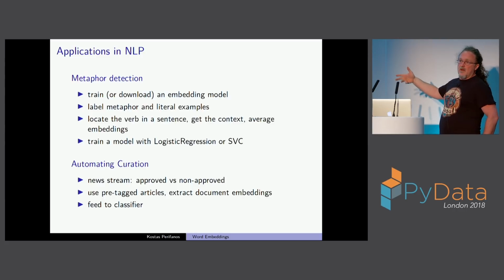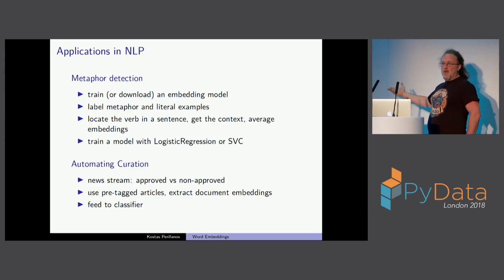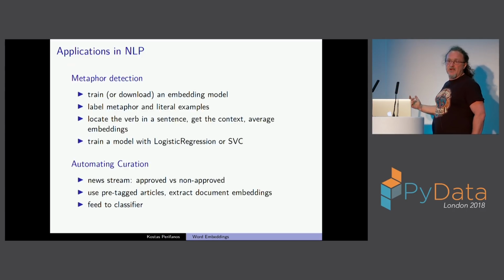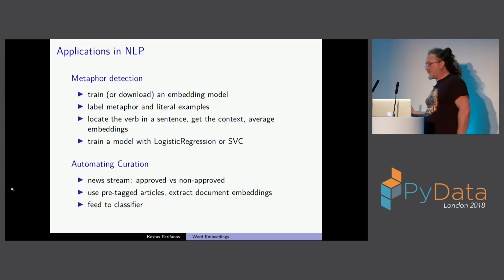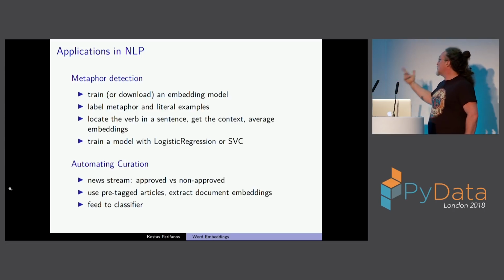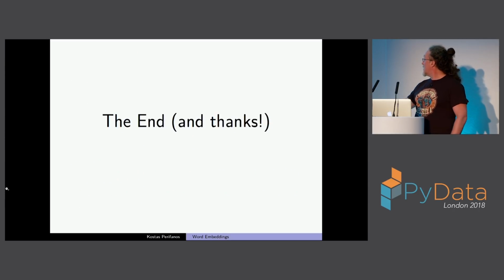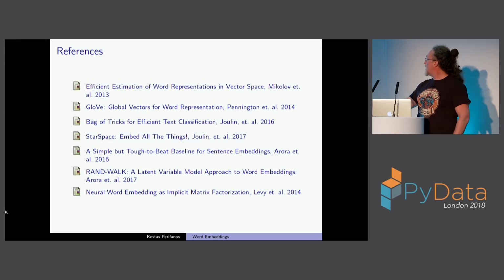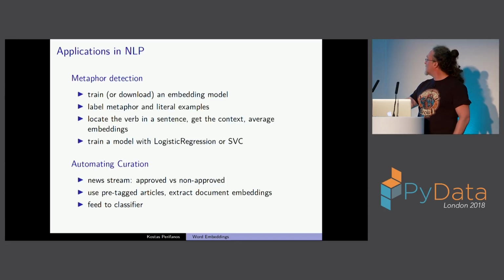So get all the already approved articles along with all the rejected articles, get their document representations with any of the techniques discussed previously, feed that to a machine learning model, and get the probability of a new article being good or likely to be approved. So that's a very interesting research in progress at the moment.